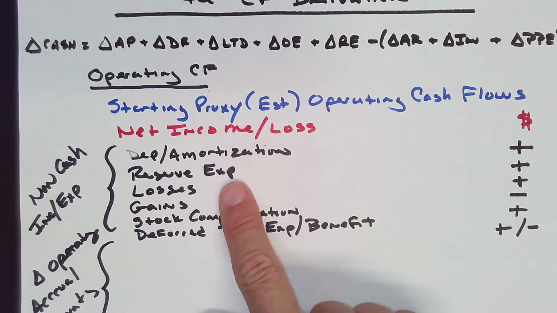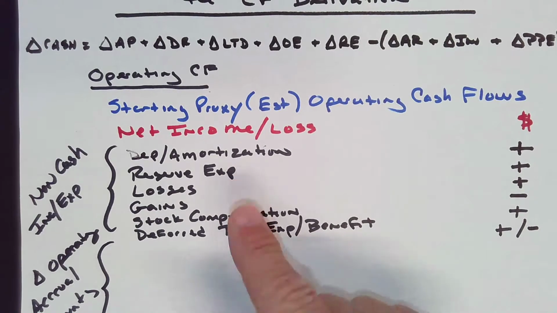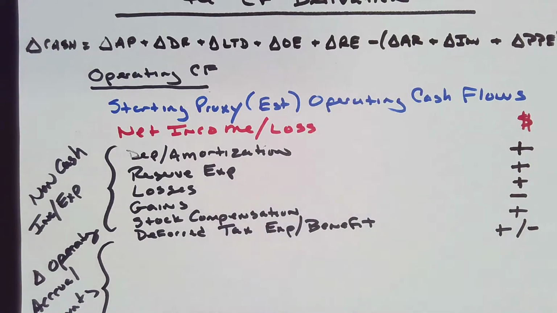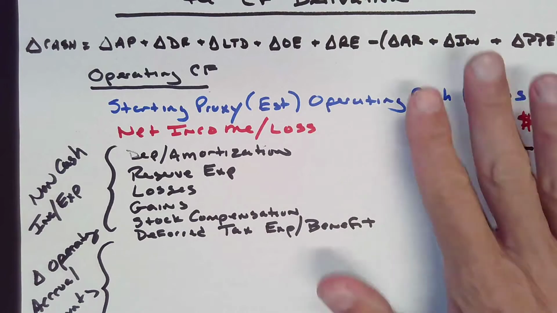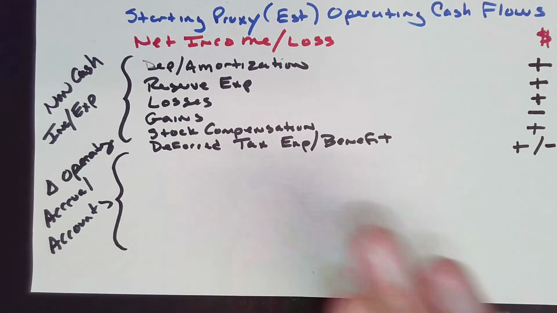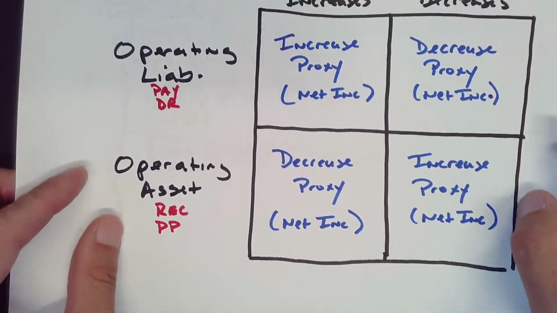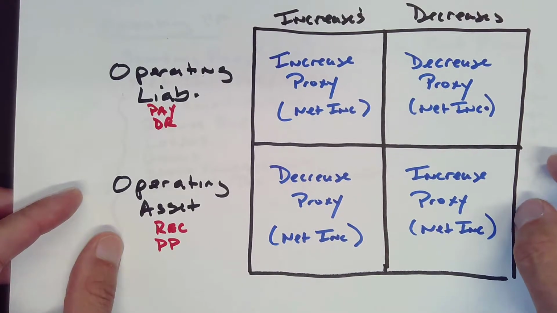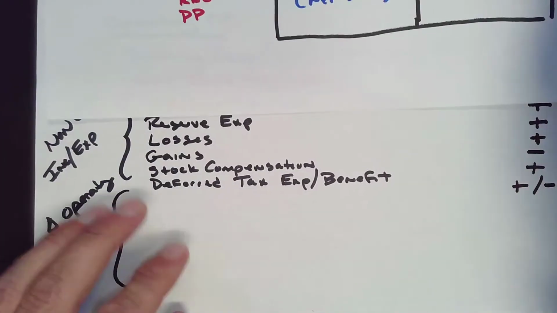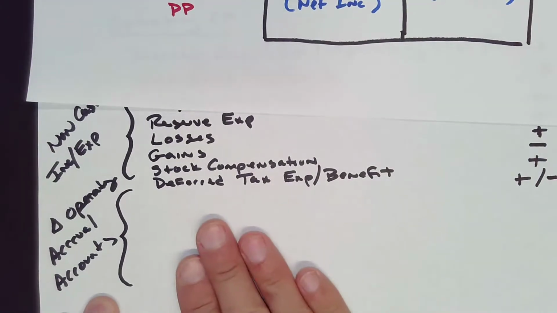That's got to come out. That's here. And then we look at the net change after we pull out depreciation, the bad debt expense. So we can take this little 2x2 and we can fill in what's going to happen here.